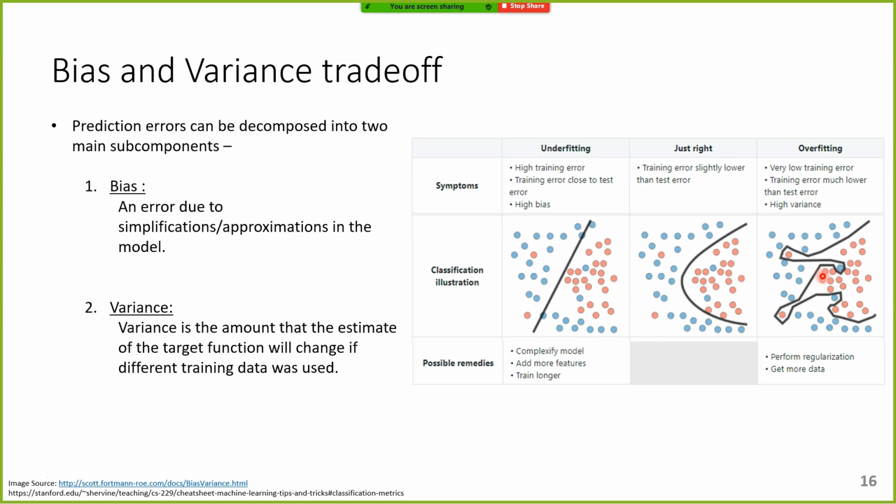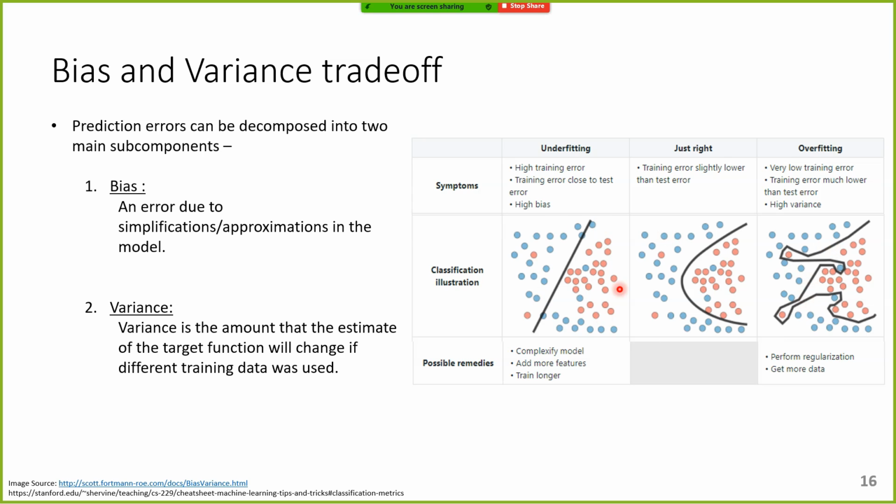But if your model is too accurate, or too complicated, then the model may try to incorporate these outliers. If this is the case, then we will again have a wrong model, which will classify the new data point in a wrong fashion, or misclassification.